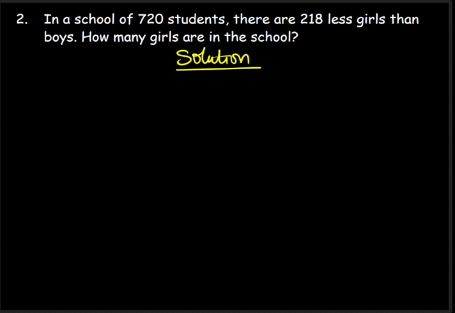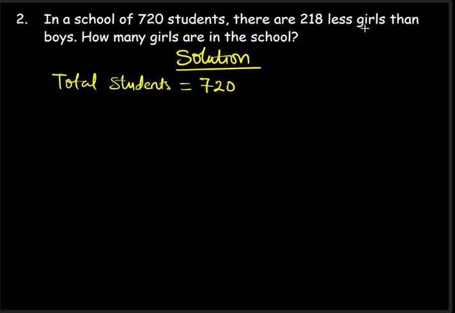How many girls are in the school? A school of 720 students, so we can say total students equals 720.